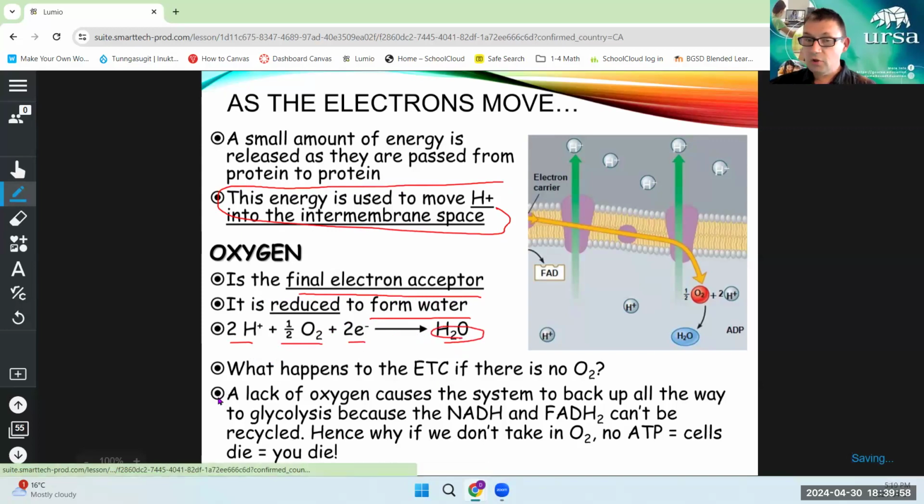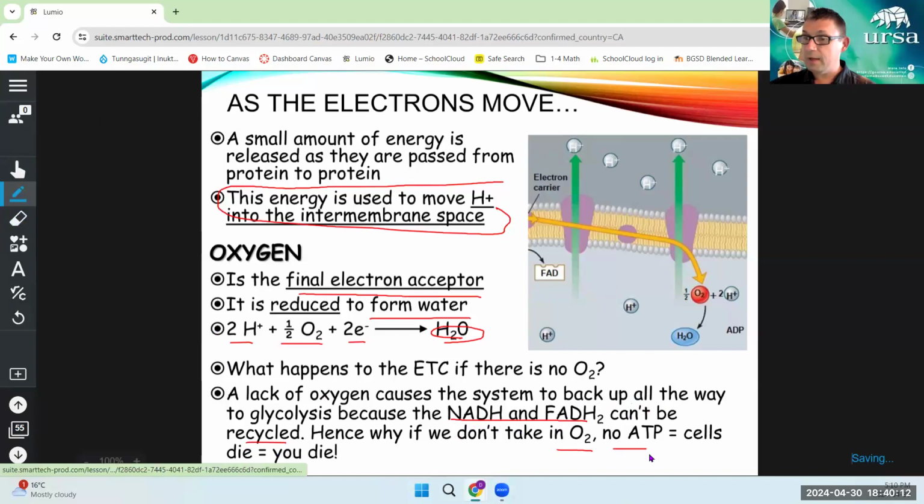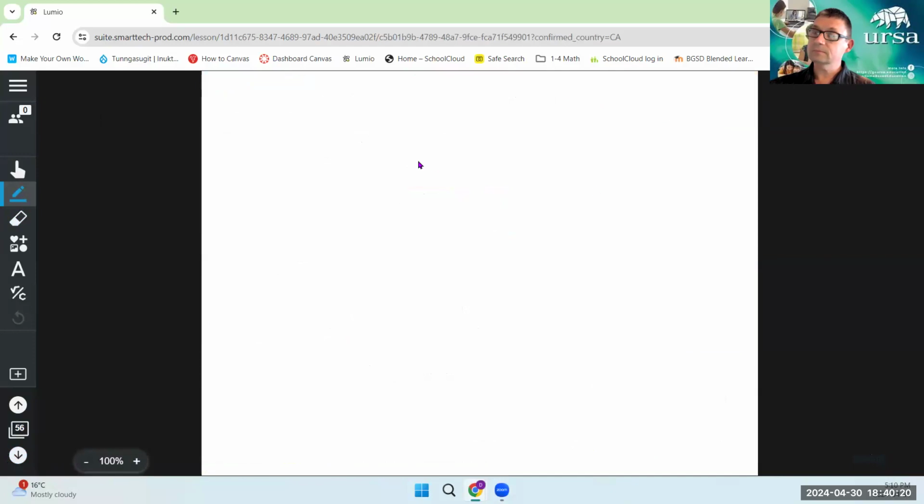If there was no oxygen, this would cause the system to back up all the way to glycolysis, because NADH and FADH2 can't be recycled. Without oxygen, you get no ATP. No ATP, cells die, you die. Oxygen is needed for this process.